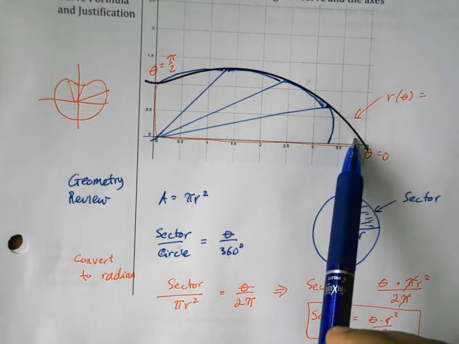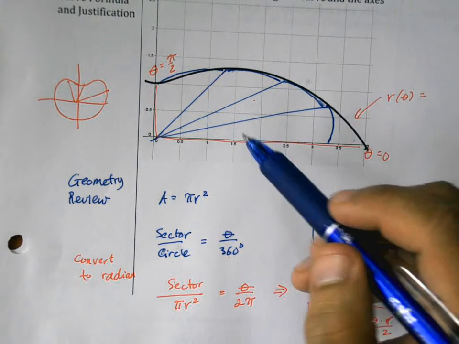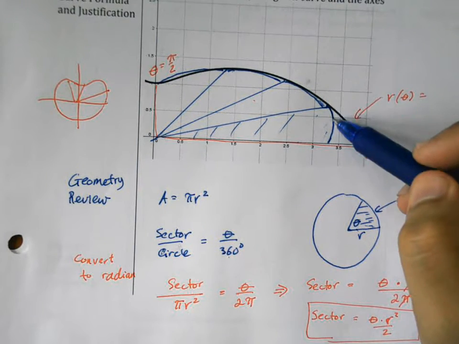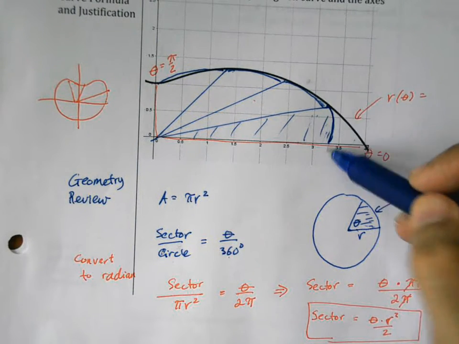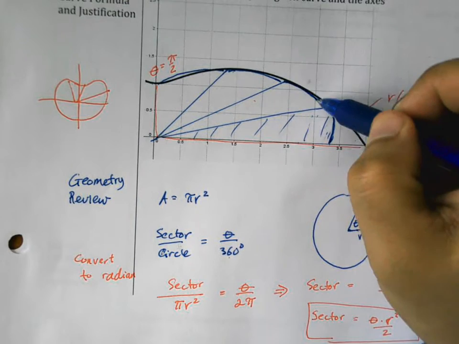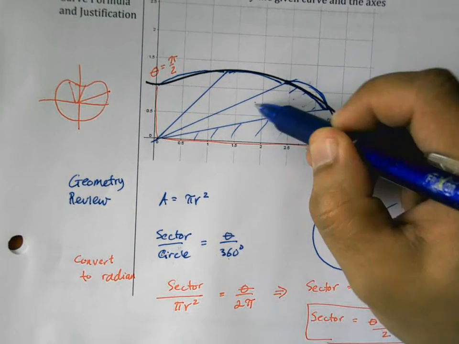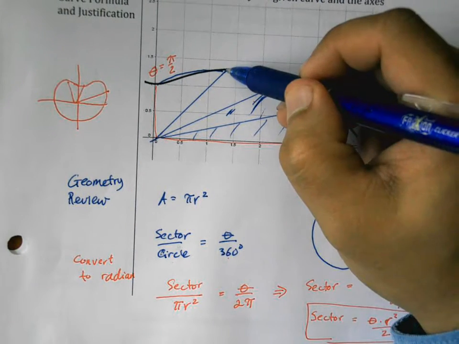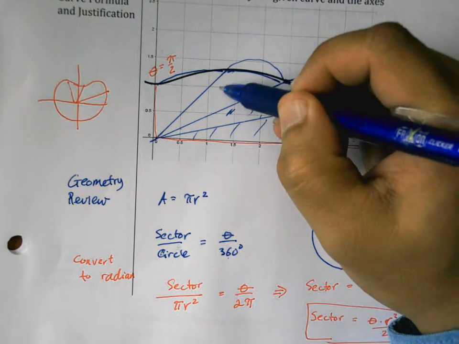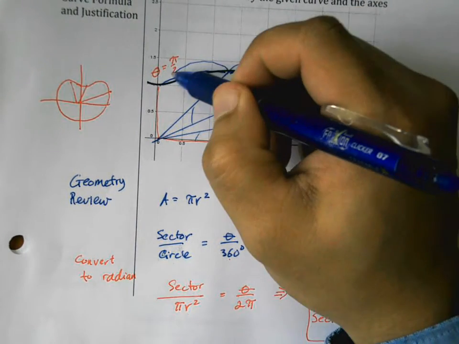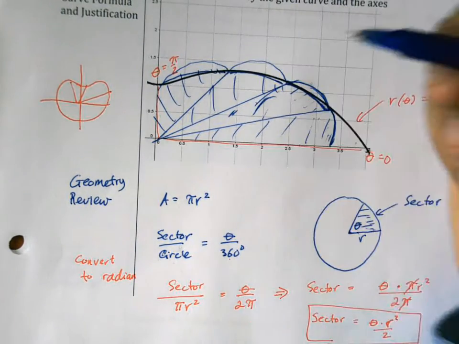So I've taken this picture and cut it into a bunch of slices, and I'm going to take the area of this sector here. This is one little pie slice, and then this curve right here is another pie slice, and this one is another, and this one is another.